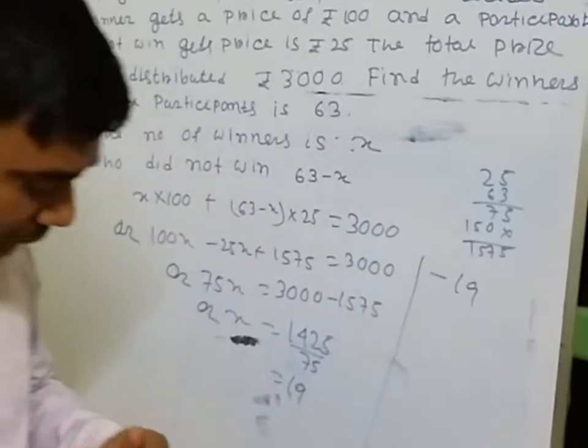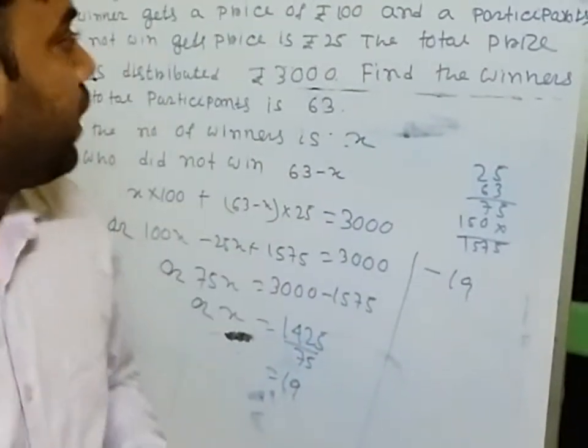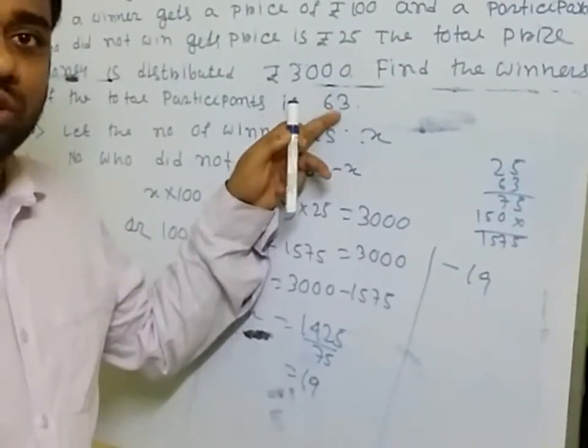So in an essay competition, the total number of participants is 63.